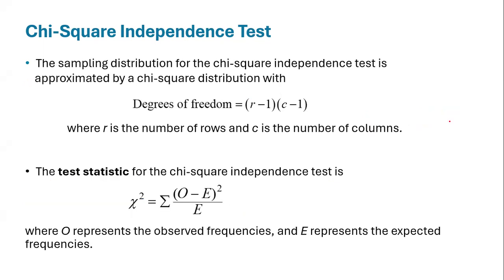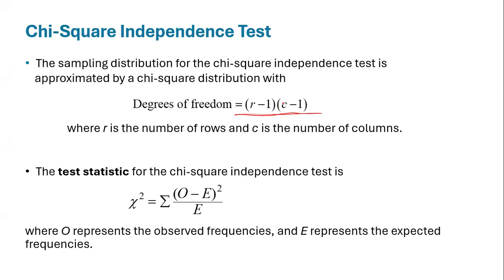And then after writing the null and alternative hypotheses, like the goodness of fit test, we need to know the degrees of freedom because we want to use the chi-square table to find the critical values. So to find the degrees of freedom, we need to follow these formulas. R means the number of rows, C means the number of columns.